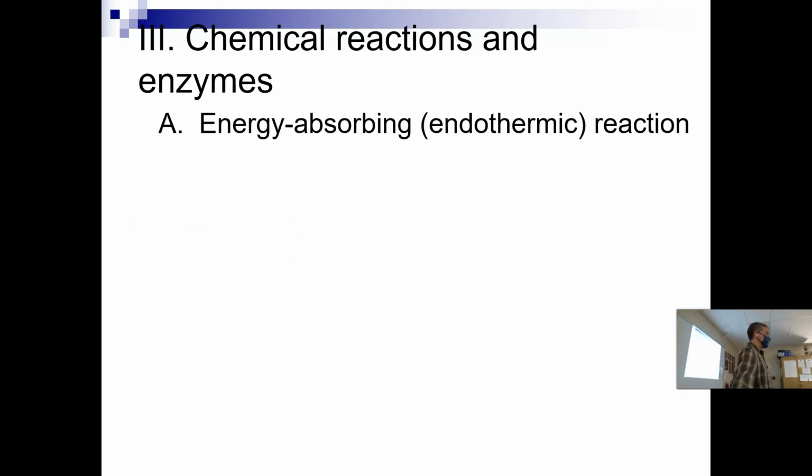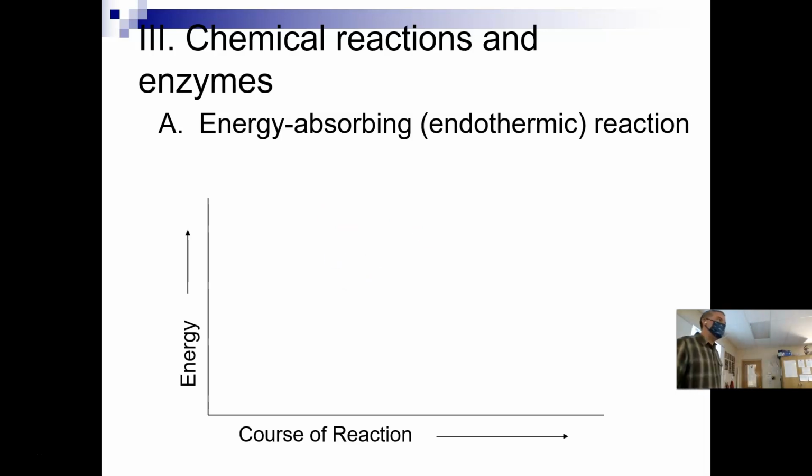Endothermic is the word we use for absorbing energy when a reaction does that. Endo, of course, means inside. What does thermic mean? Therm? Heat. Good. An endothermic reaction stores energy in its products.